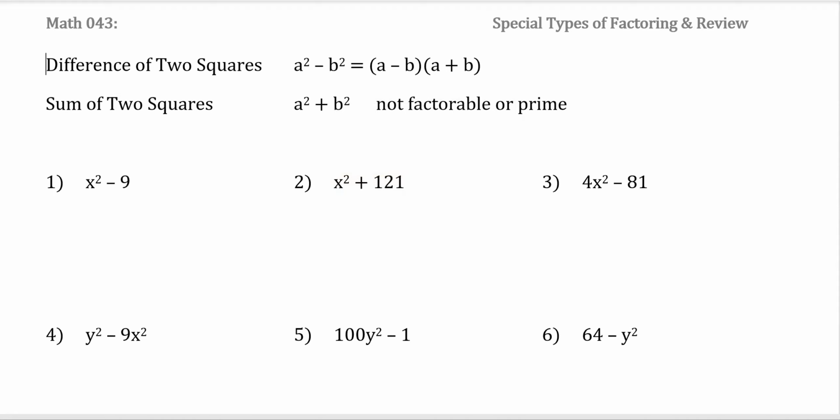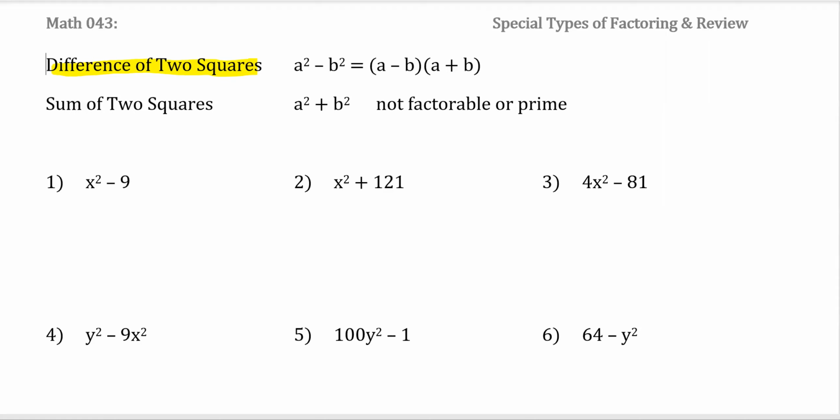Let's get started with the difference of two squares. The difference of two squares, difference means subtraction. Two squares means the first term is a perfect square and the second term is a perfect square.